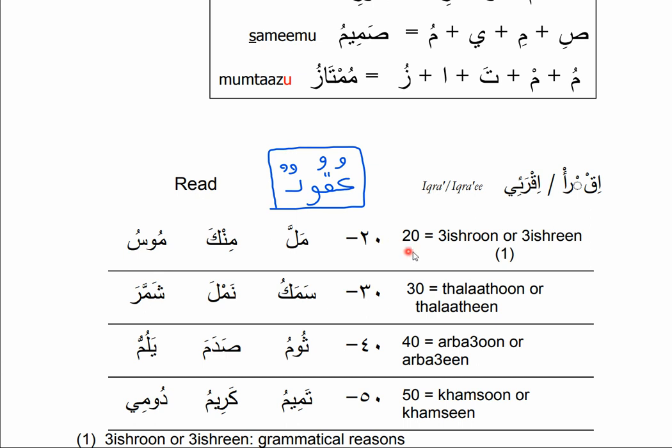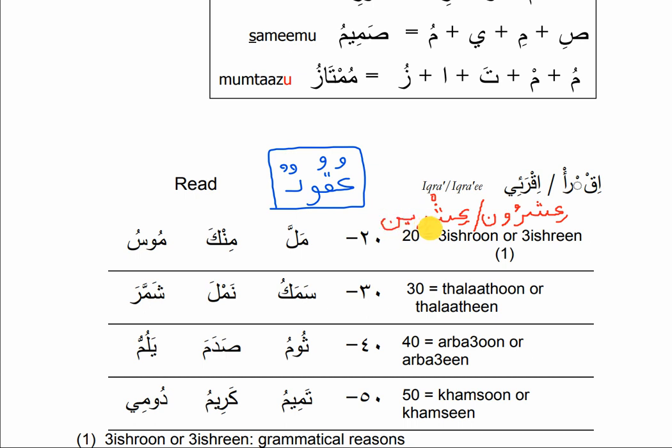Uqud 20 is called Ishrun or Ishreen. So I will write the names in Arabic here. How is it written? Ain, Sheen, and Ra. Ishrun with a waw, a long vowel, or it's also called Ishreen, Sheen, Ra, Ya, and Noon.